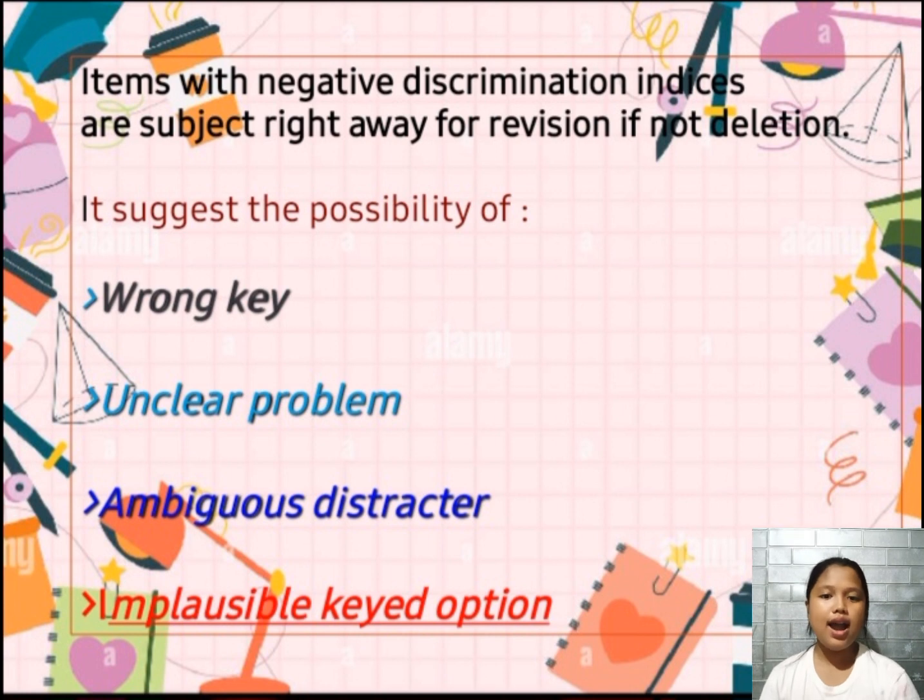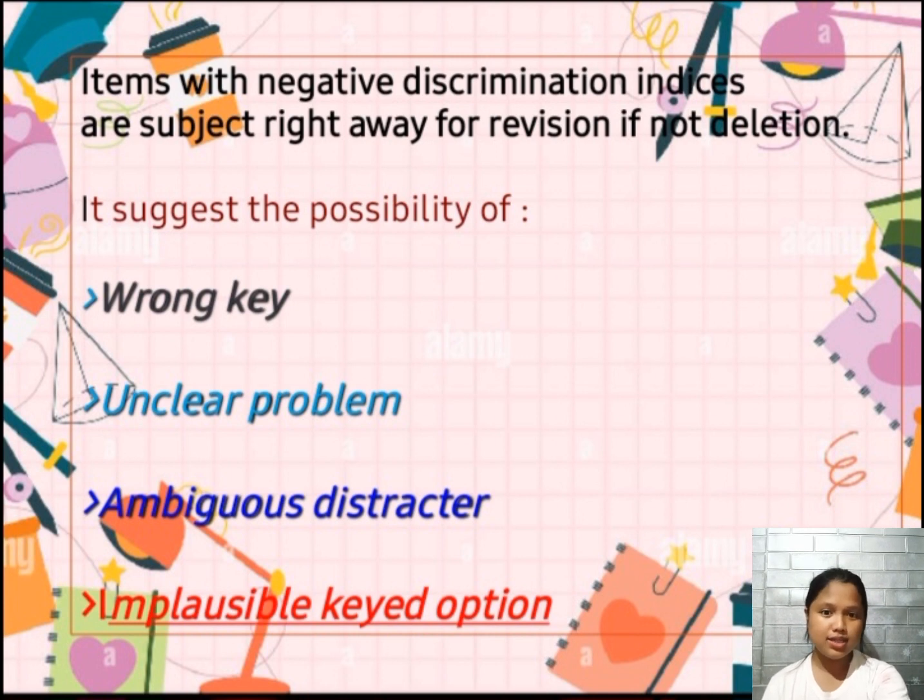Second, an unclear problem in the stem, leading to more than one correct answer. Third, an ambiguous distractor, leading the more informed students to be divided in selecting the alternative options. Last is the implausible key option, which more informed students will not choose.